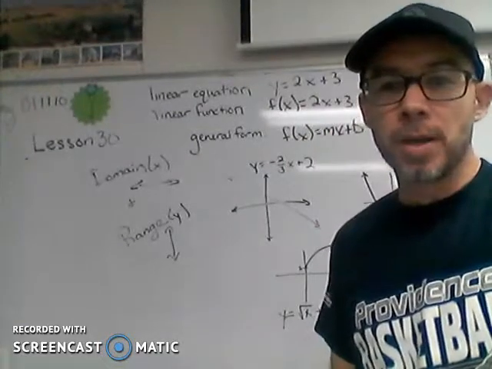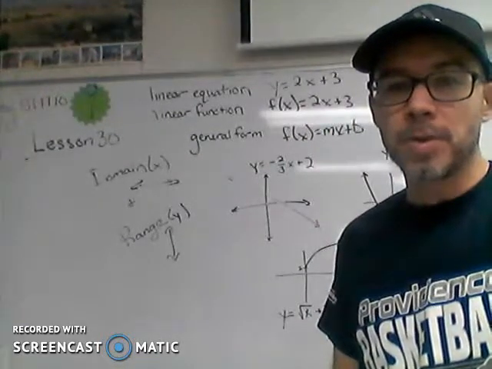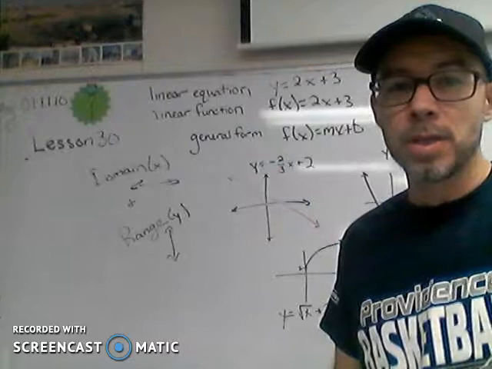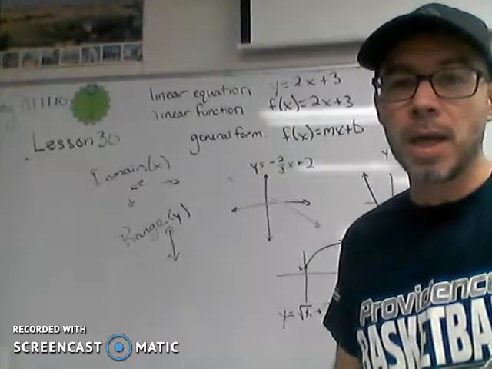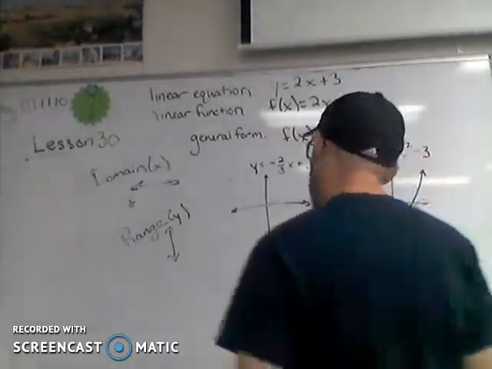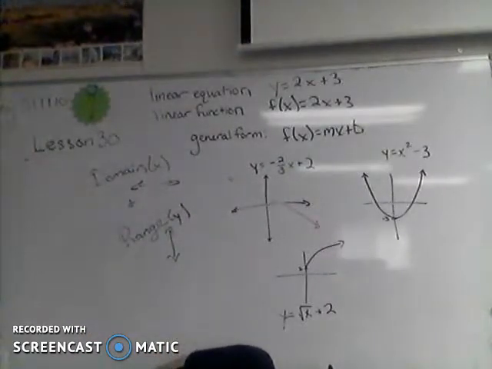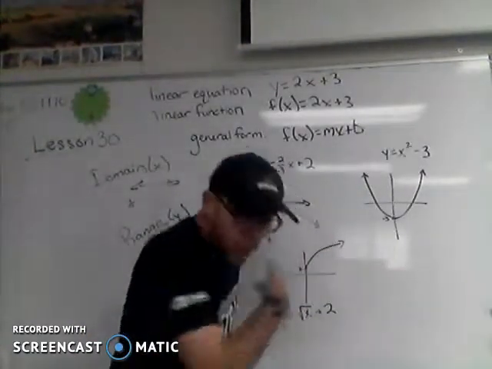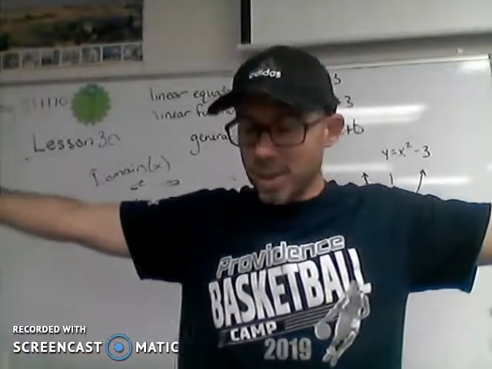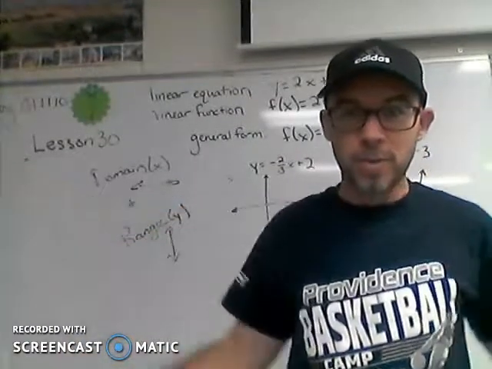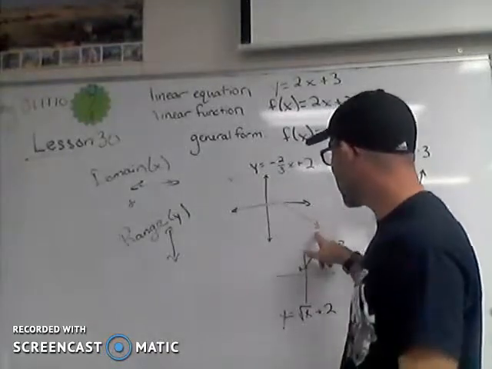So let's talk about that line. If I want to know where this graph goes in the x direction, I'm going to look at it sideways. I'm going to see all the places where it would go left and right. Now you see on this line you've got these little arrows.